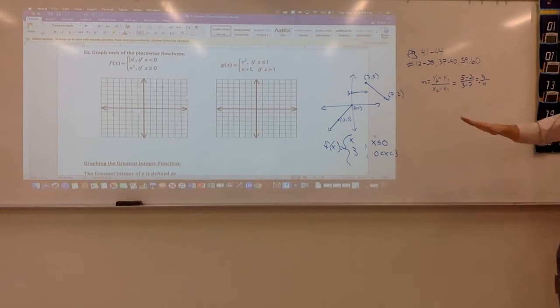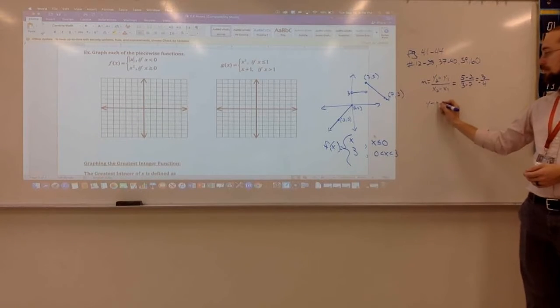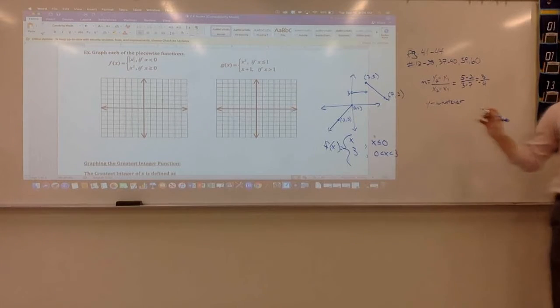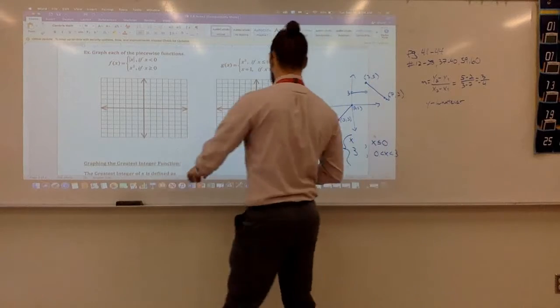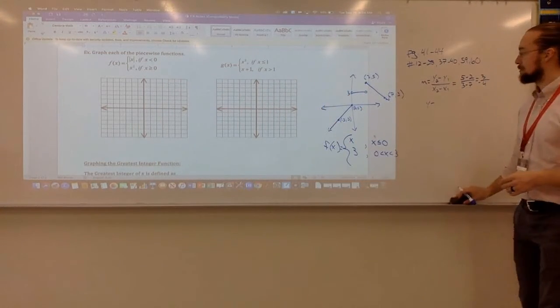How do I actually write the equation of this line? You can just use the point 3, 5. So y minus 5 equals -3/4 times x minus 3.